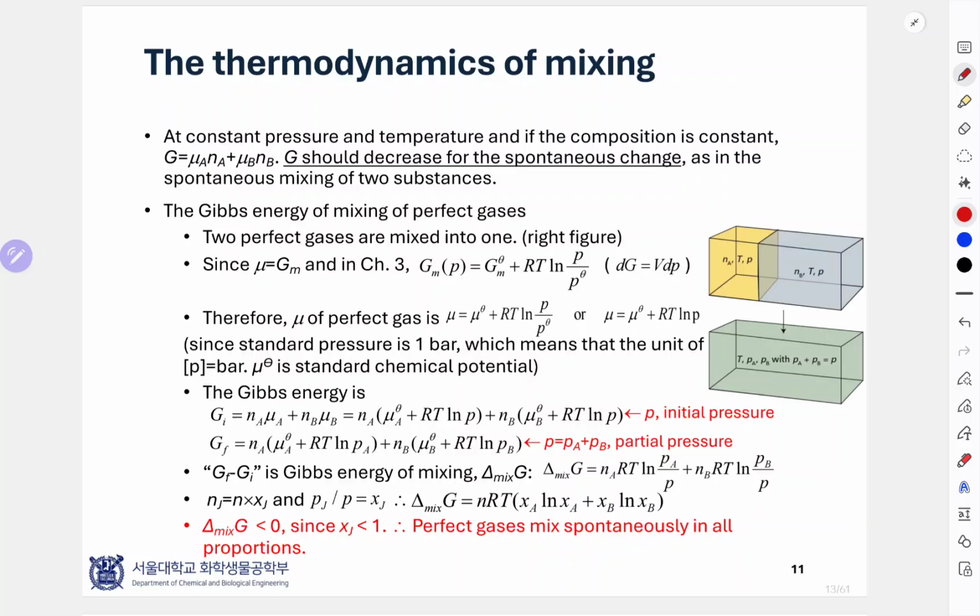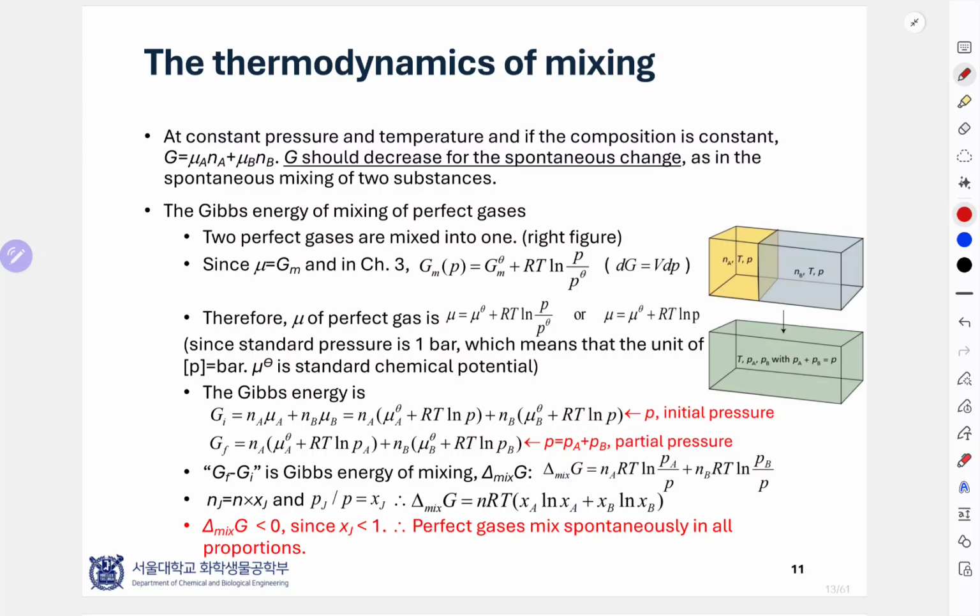So from this chapter, we are going to learn about the thermodynamics of a mixing process. At constant pressure and temperature, and the composition is constant, the Gibbs energy depends on this equation, mu_A n_A plus mu_B n_B for a binary mixture.